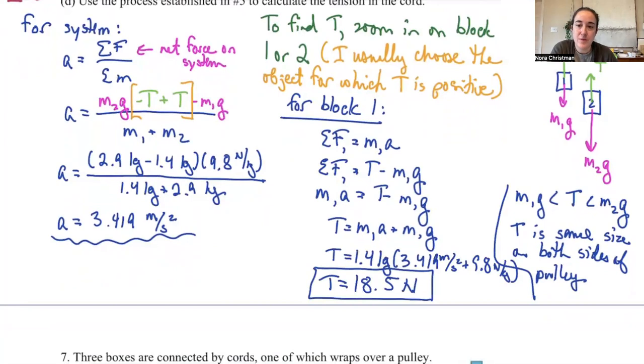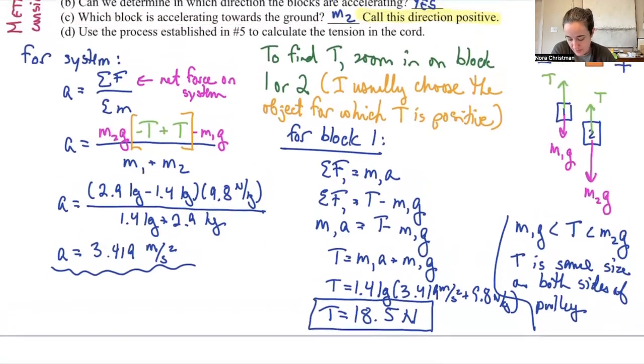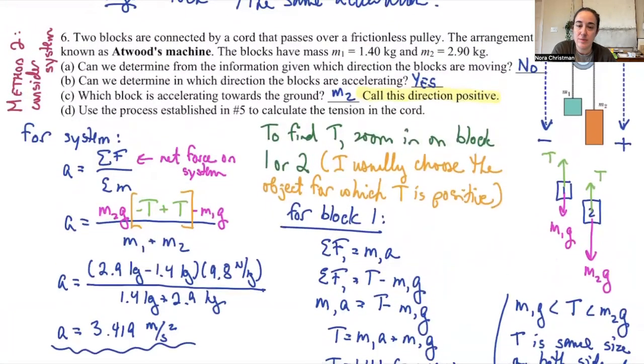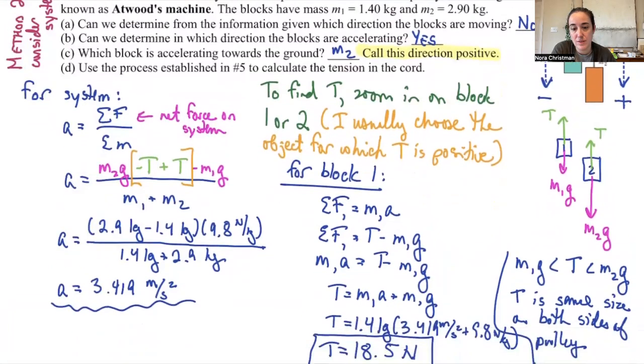All right, and this checks out in that we knew it should be greater than M1G and less than M2G. M1G is about 14 newtons and M2G is about 29 newtons, so this is between those two.